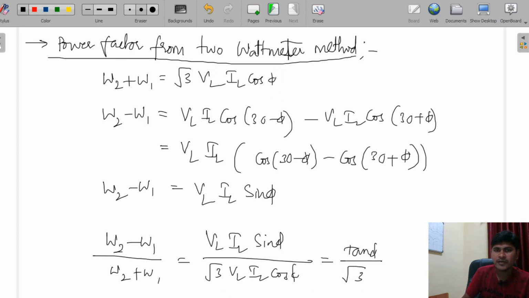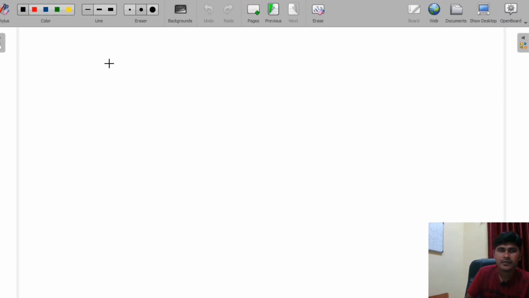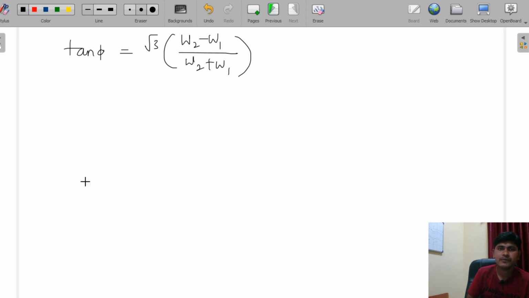From this, tan phi is equal to root 3 into (W2 minus W1) by (W2 plus W1). From this we can find the phase angle, and then we can get the power factor, which is equal to cos phi. So power factor can be measured with the help of the two wattmeter method.